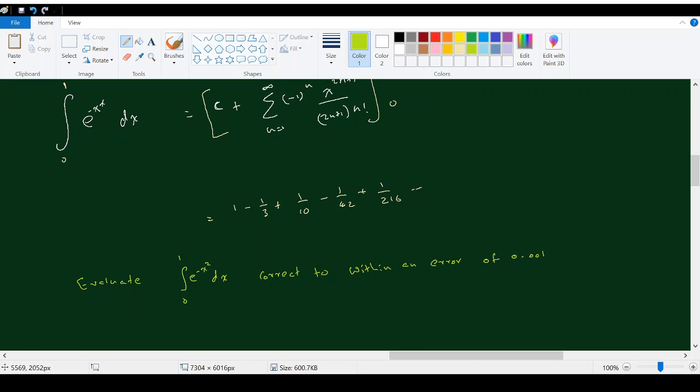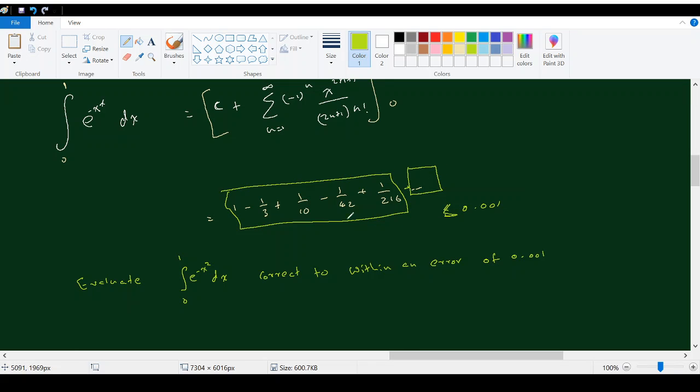And so for that, if we evaluate the next term, the term after this, 1 divided by 2, 116, you can see that it is less than 0.001. It's actually strictly less than 0.001. So from the alternating series approximation theorem, the addition of the terms up to this point will give you the suitable accuracy.